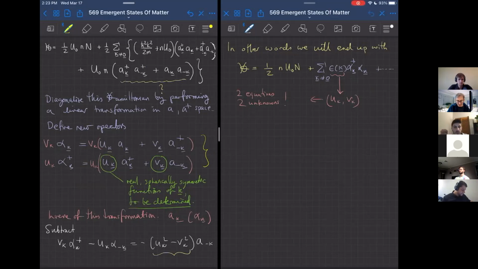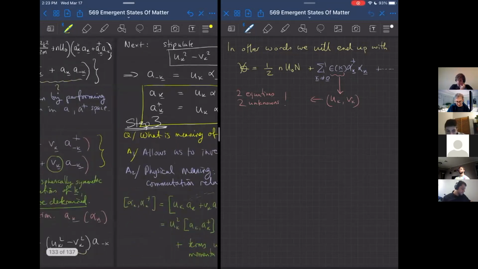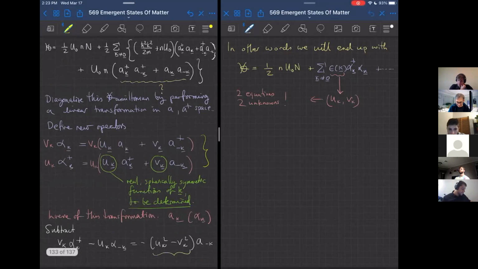If I take the first equation here and multiply it by V, and the second equation multiply that by U, and then subtract them, I get on the right-hand side this term over here.